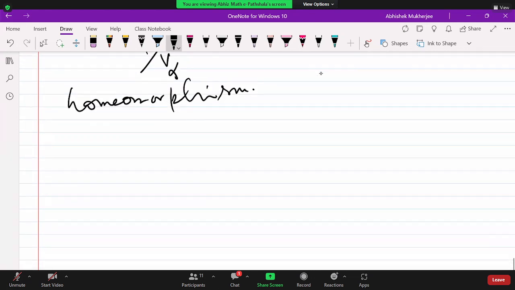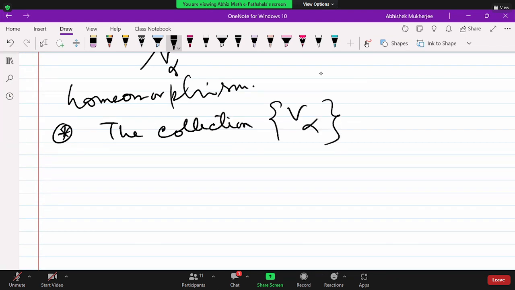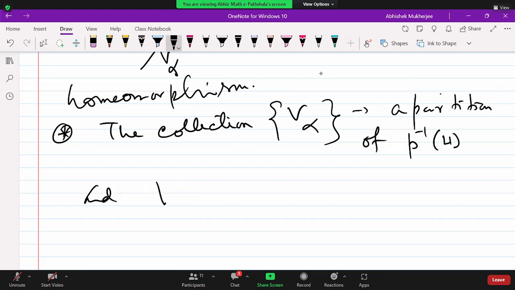And the collection of open sets V alpha is called a partition of P inverse of U. And the V alphas are called slices.